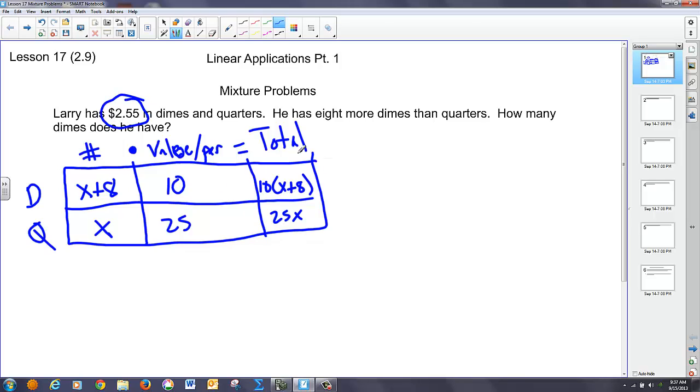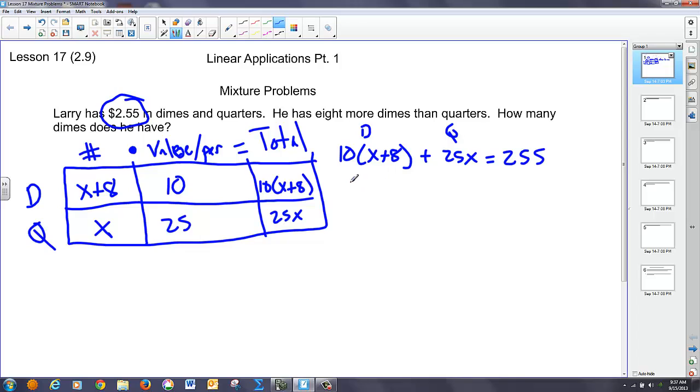So from this chart, I write my equation. I say 10 times x plus 8, those are my dimes, plus my quarter value, 25x, is equal to my total dollar value of 255 pennies.